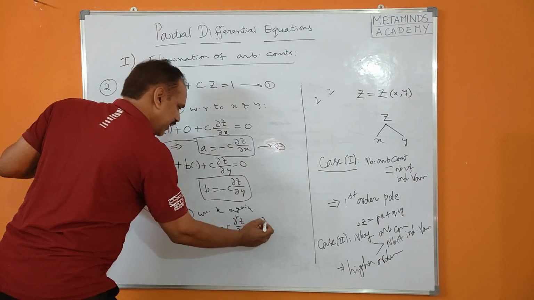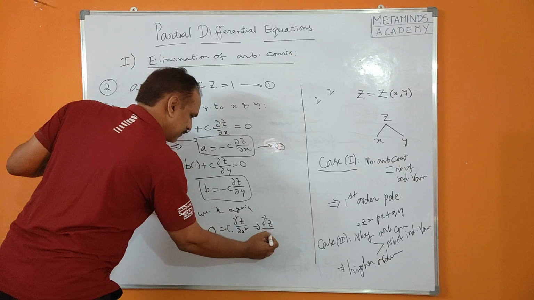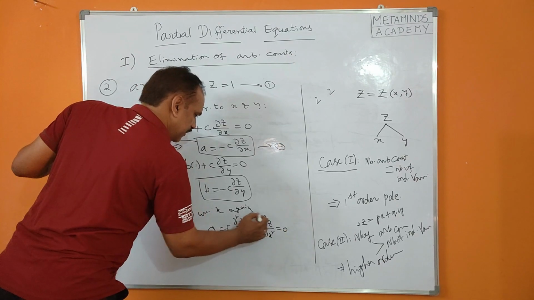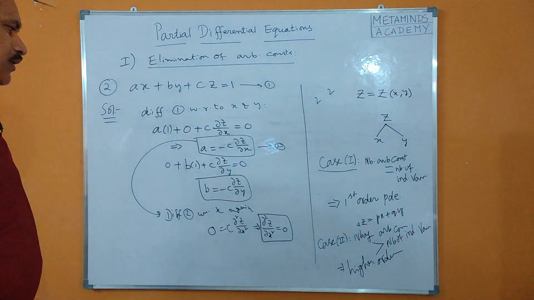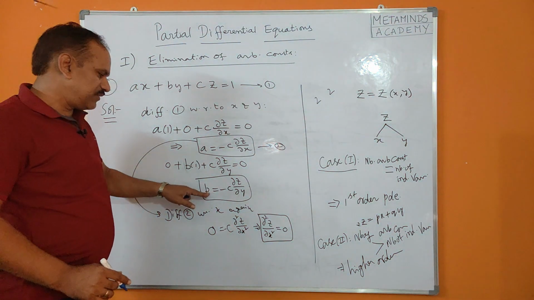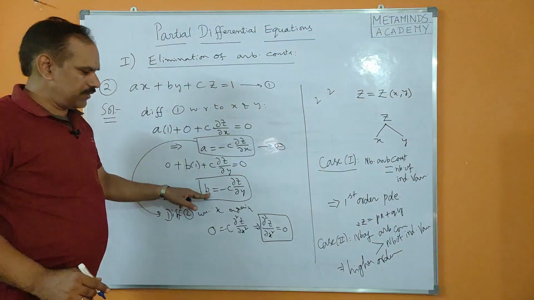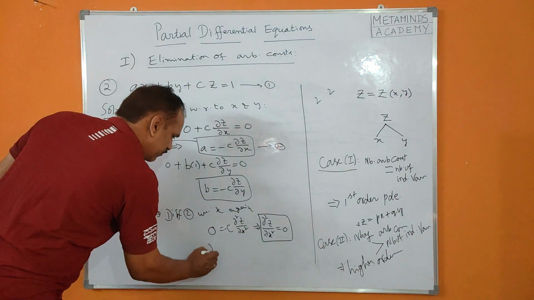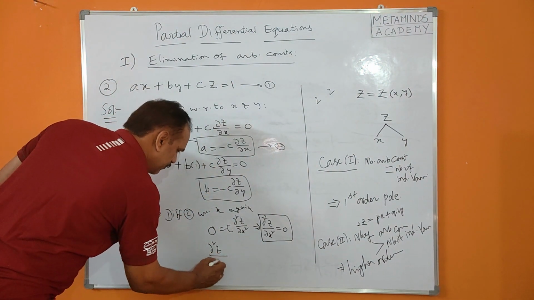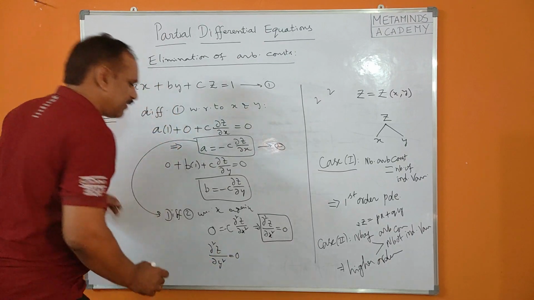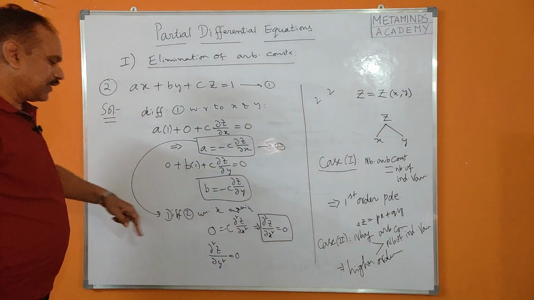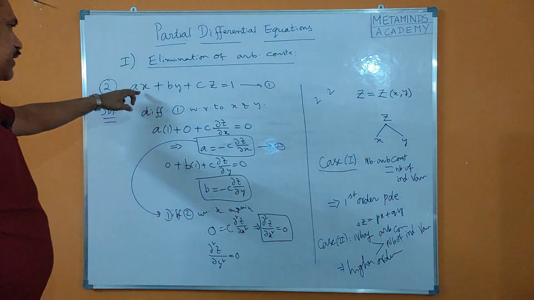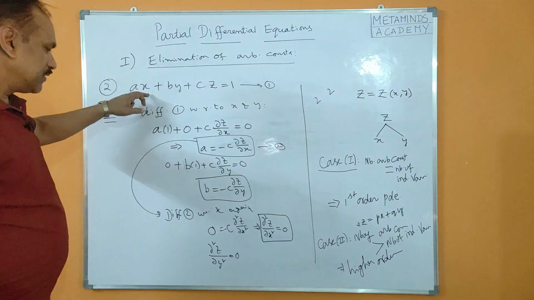So dou square z by dou x square equal to 0 is the required partial differential equation. You can also differentiate this with respect to y, so that you will get dou square z by dou y square equal to 0. That is also a partial differential equation you can obtain by eliminating arbitrary constants from this equation.